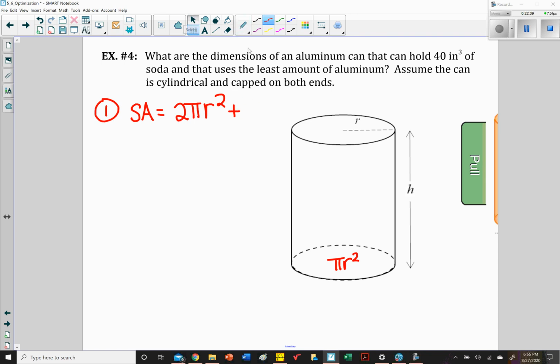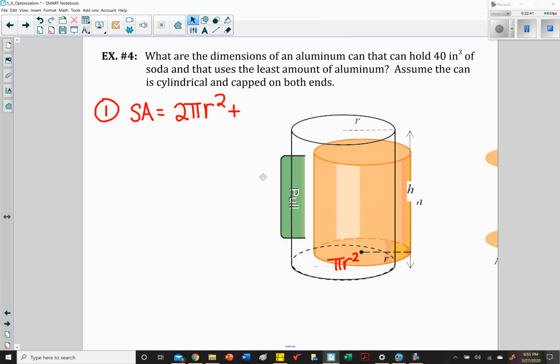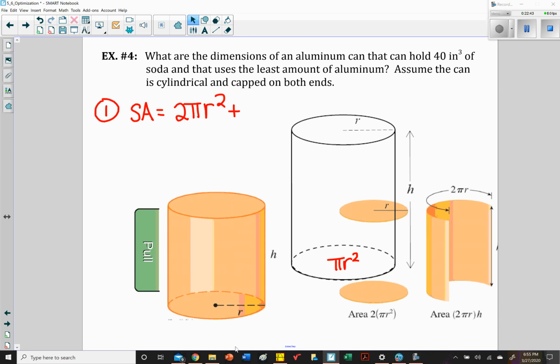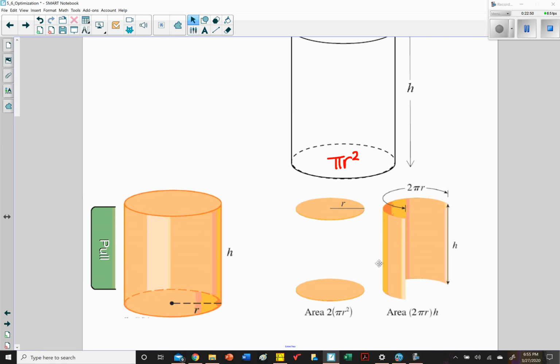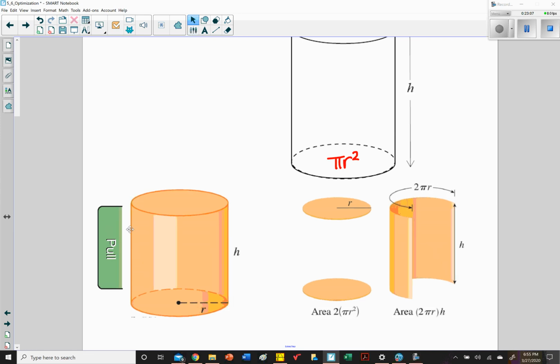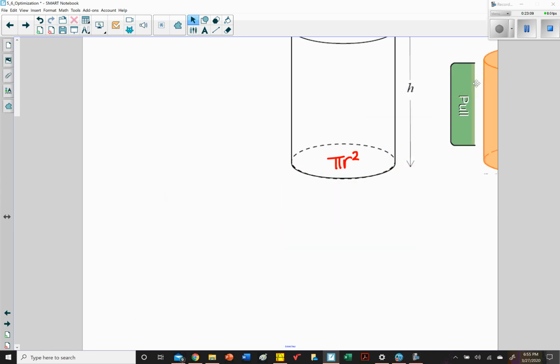And what happens when you take that can and remove all the pieces, the side that's the cylinder, the circumference of a circle is 2 pi r. So we have the circumference times the height. This piece flattens out and makes a rectangle. The area is 2 pi r h. So that's how we're getting the surface area.